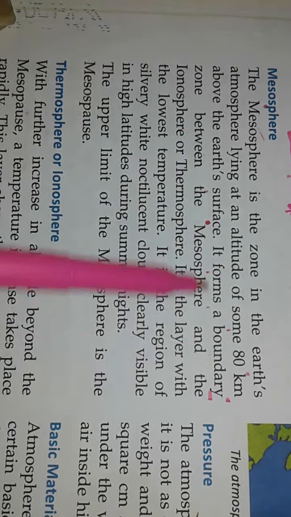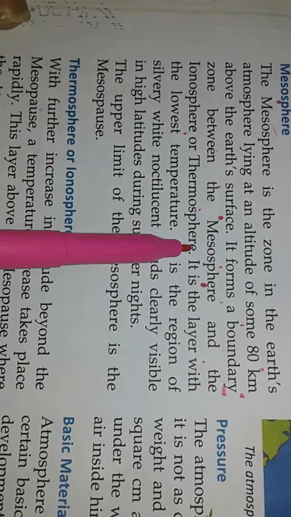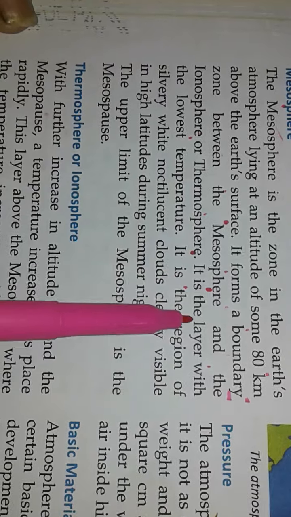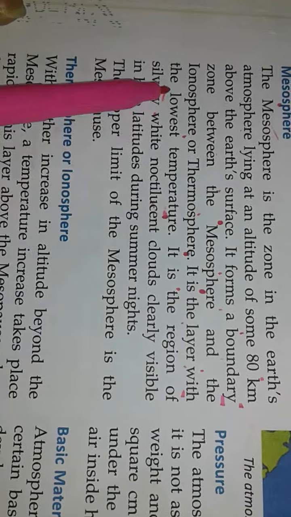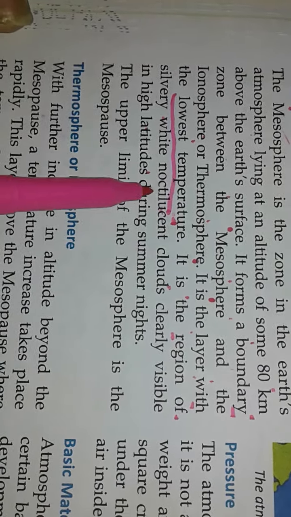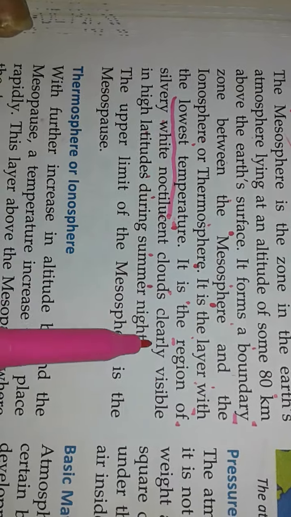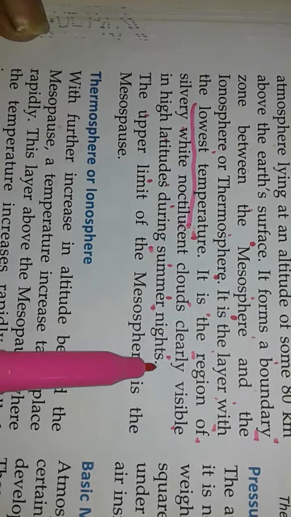It forms a boundary zone between the mesosphere and the ionosphere or thermosphere. It is the layer with the lowest temperature. It is the region of silvery white noctilucent clouds clearly visible in high latitudes during the summer nights.